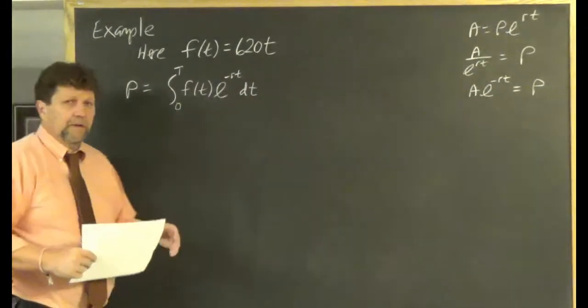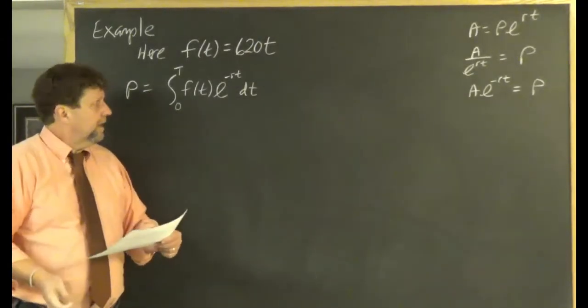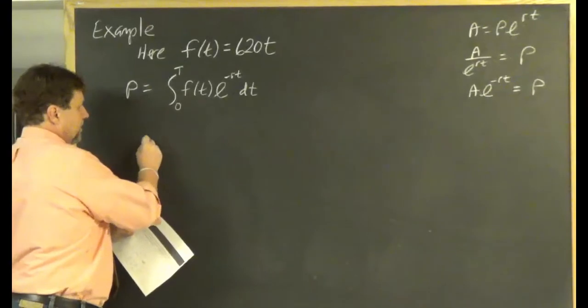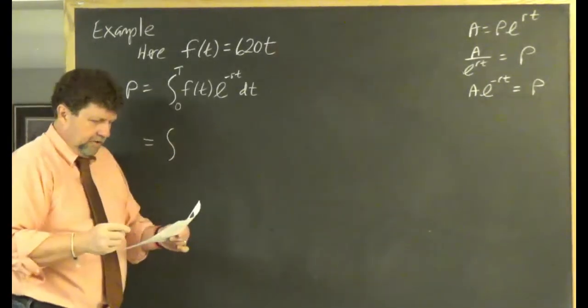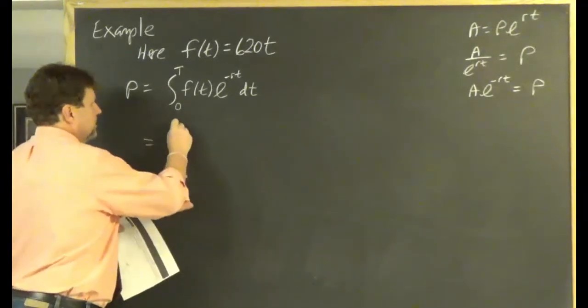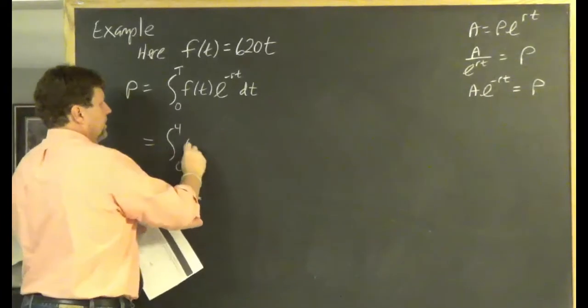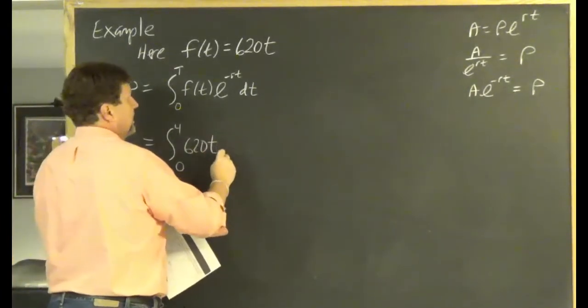All right, so for this one, to see what's happening with this family-owned gelateria, we want to know the present value for the next 4 years. So that's integrating from 0 to 4. The rate of flow function, 620t.